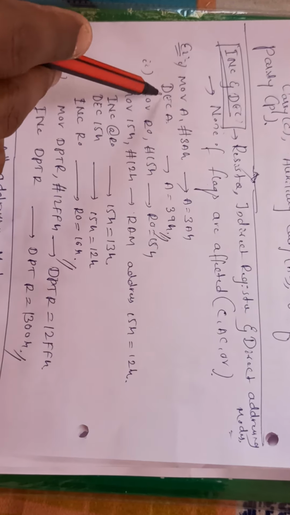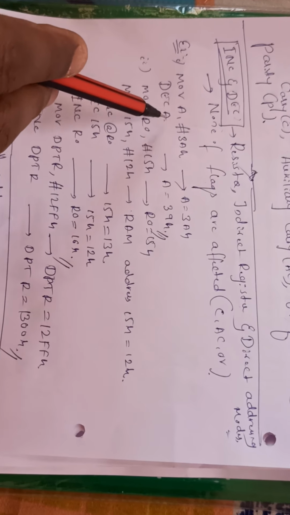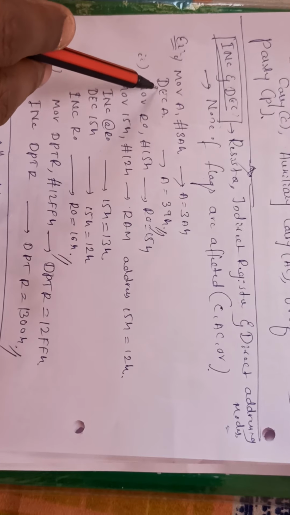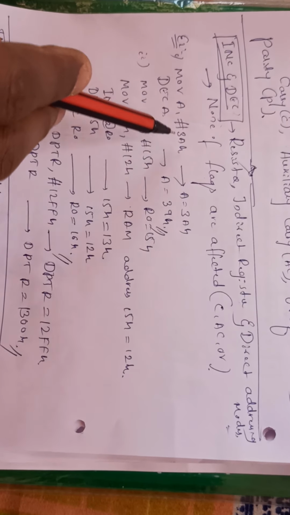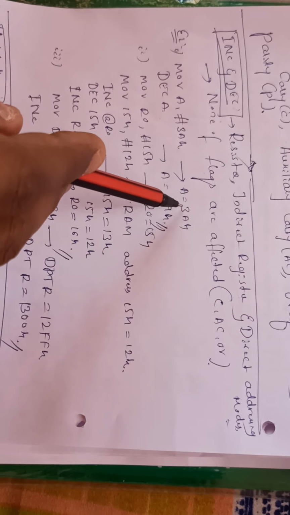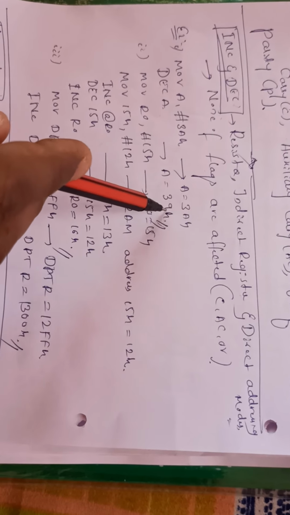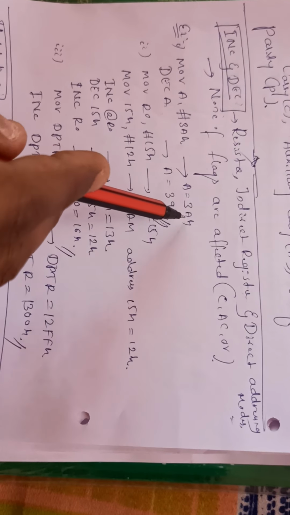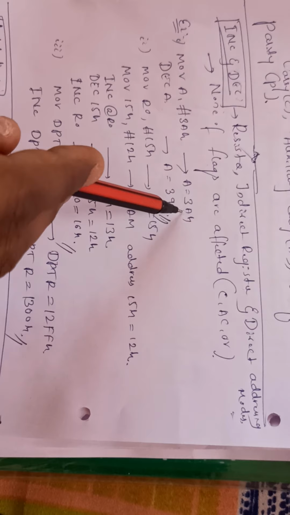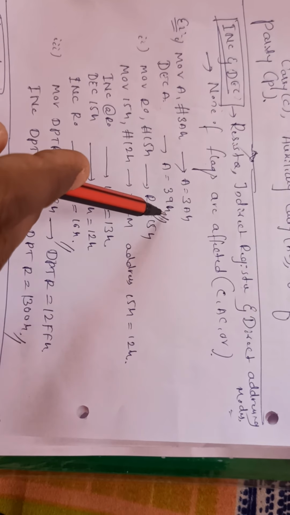If I write DEC A, I am performing the decrement operation on the accumulator. The previous value is 3AH. Decrement means minus 1, so 3AH minus 1 is 39H. The last digit A becomes 9, so minus 1 gives 39H.